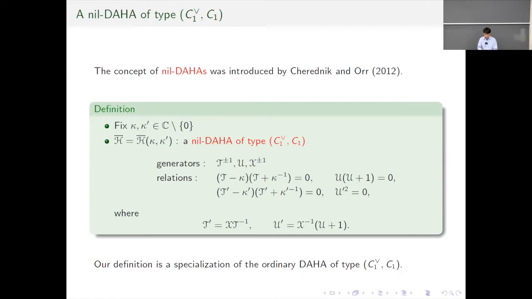So here is the definition. We fix non-zero scalars k and k prime. Define the associative C-algebra H bar by generators and relations.